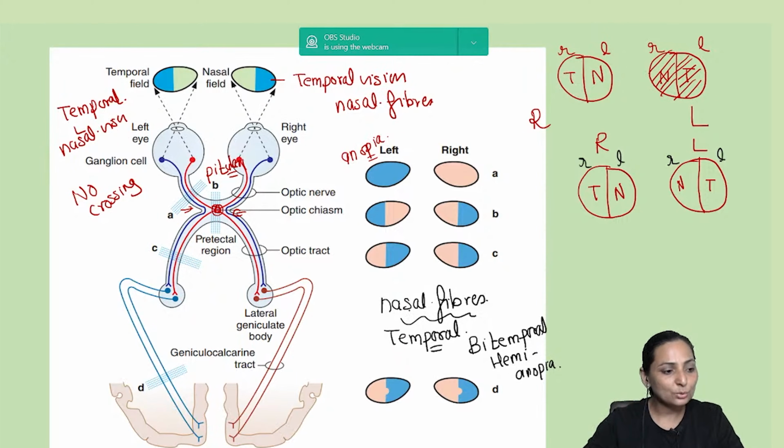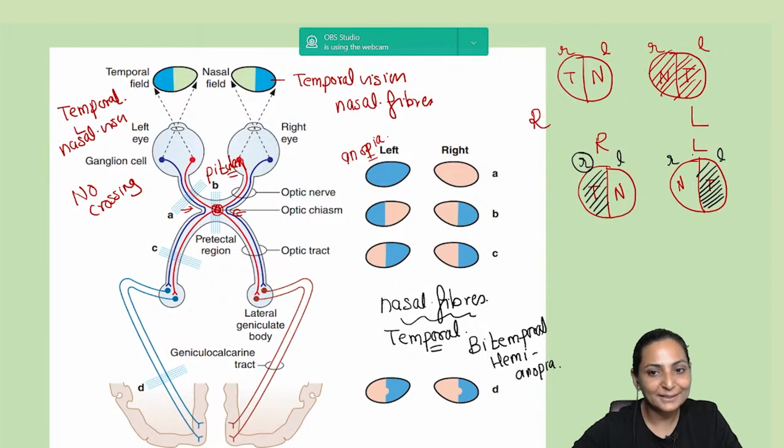So as I told you, when the nasal fibers are affected, the field of vision that is lost is temporal. So on either eye, temporal vision is lost, a defect in the temporal field of vision. But the right side is involved in one eye and the left side in the other.